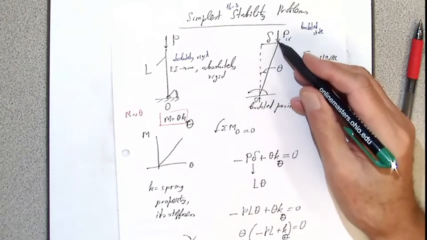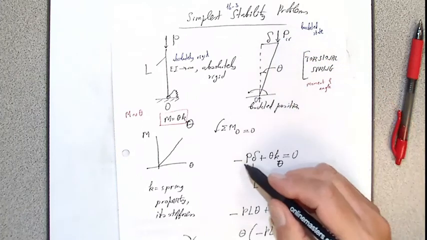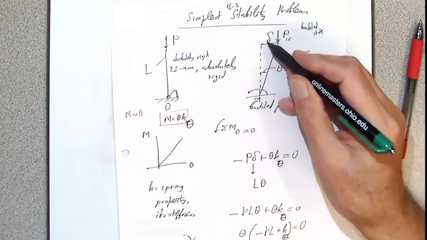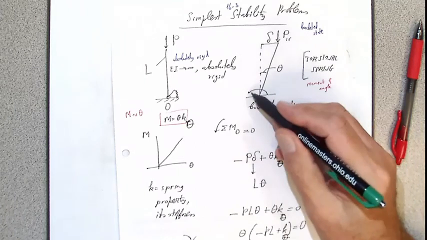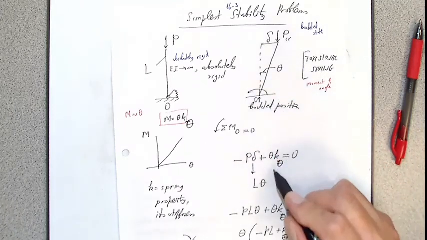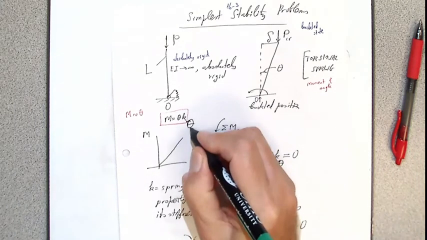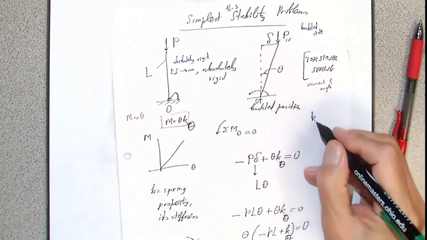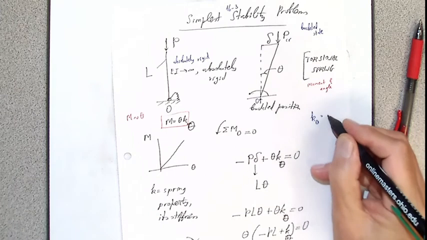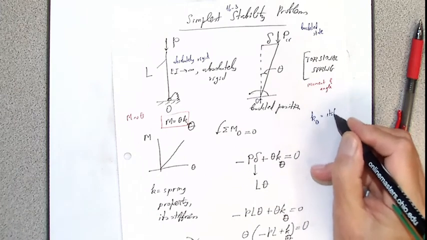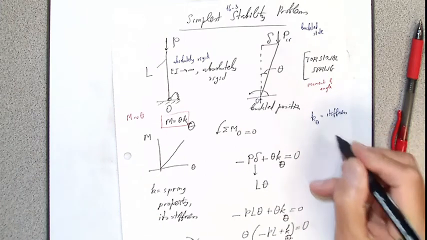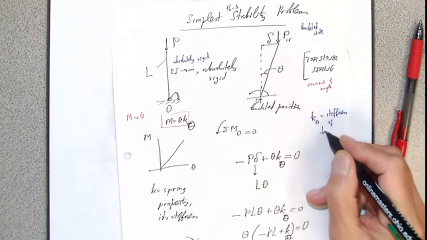This load gives me negative contribution: minus P times delta. Here the bending moment is positive, and it is theta times K theta. So I call it K theta. So K theta is the stiffness of the torsional spring.